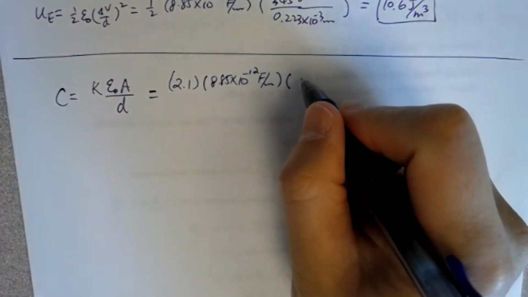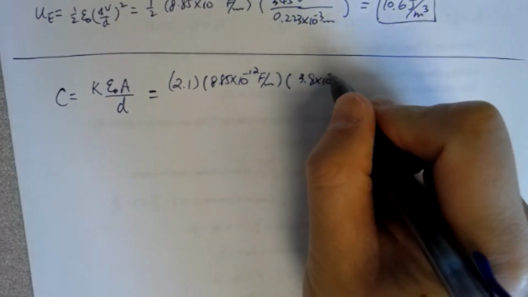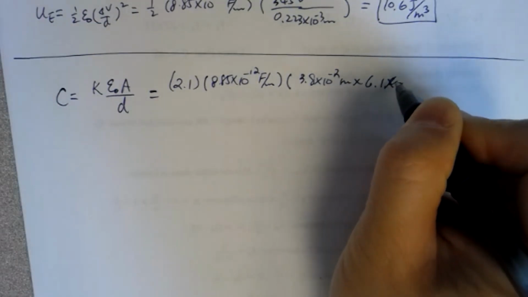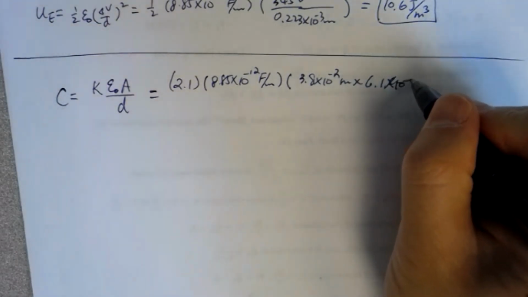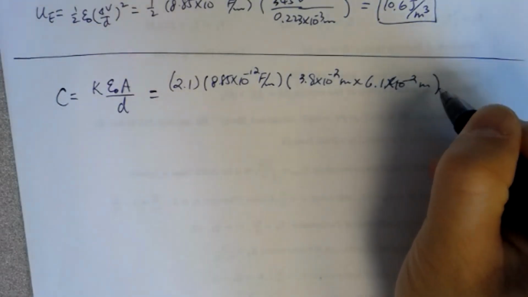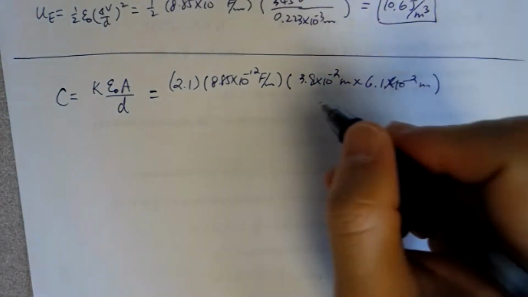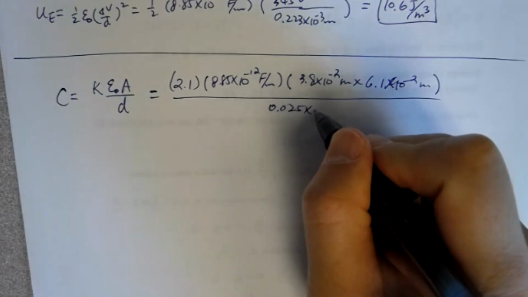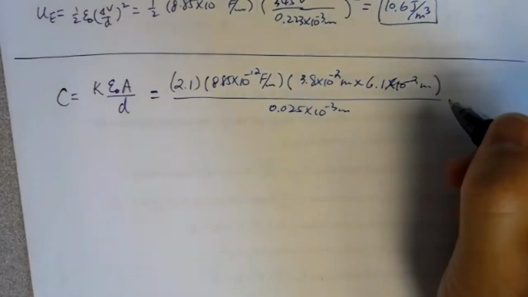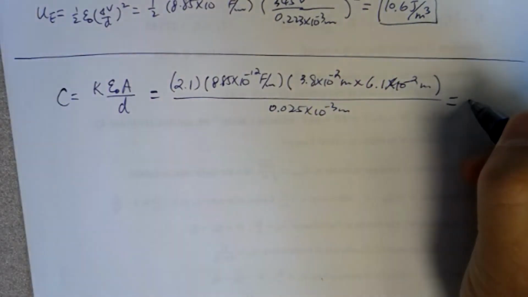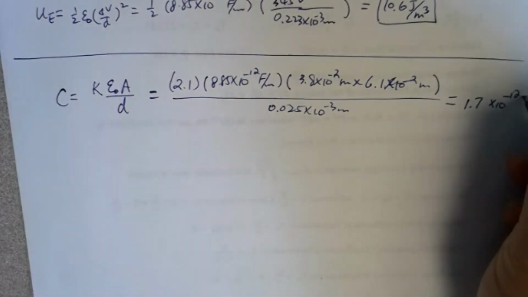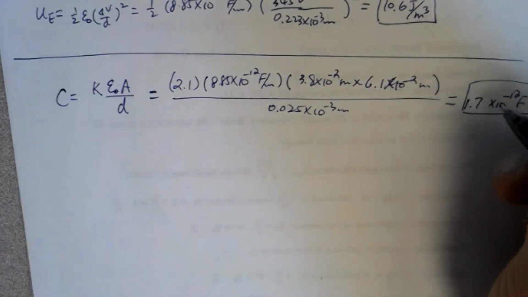The area should be the width by length, right? Width by length, in 10 to the minus 2 meters, divided by the thickness 0.025 times 10 to the minus 3 meters. Okay, so that gives you 1.7 times 10 to the minus 12 farad, okay, or picofarad.